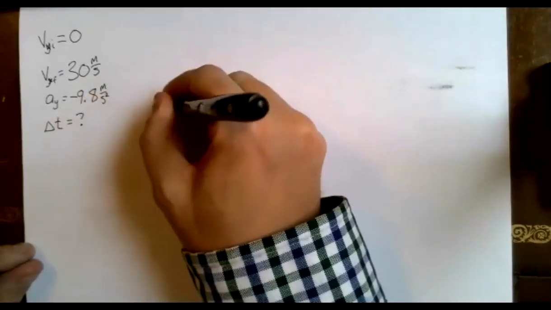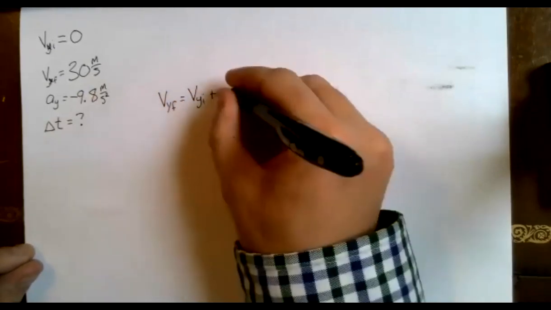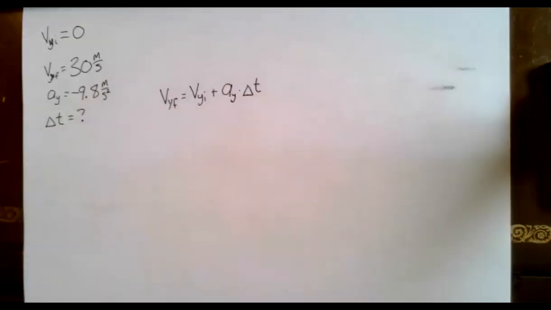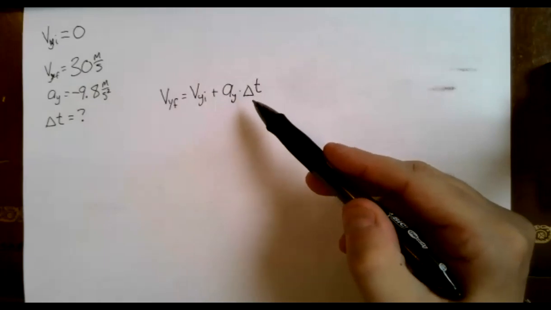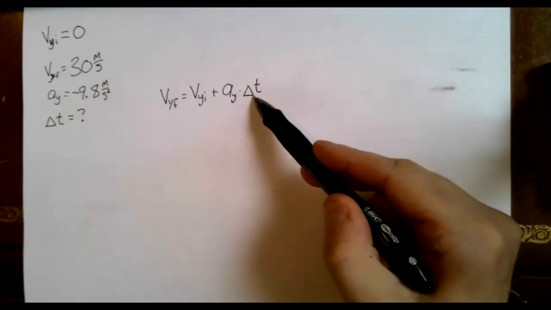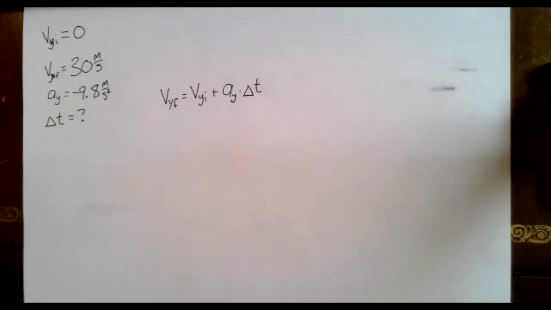So we start with this equation, right? Final velocity equals initial velocity plus acceleration times time. And we want to get time by itself, right? Time is our unknown here. So what's the first thing I want to do if I want to get time by itself? I see that it's in this term and there's a v_y initial added onto it.